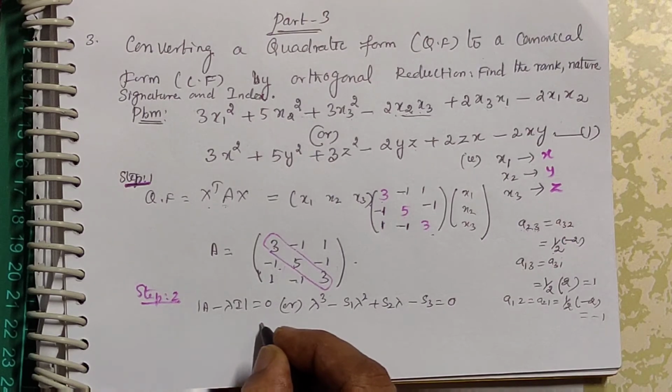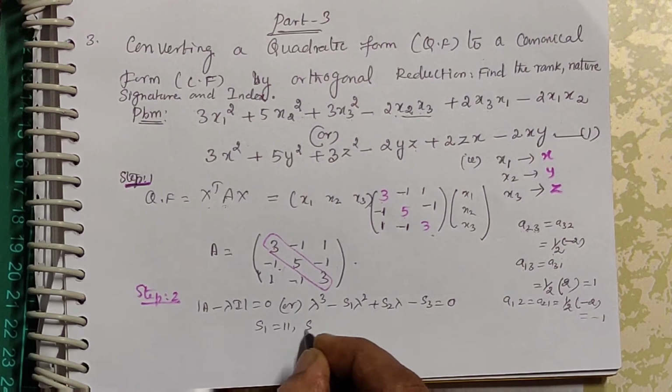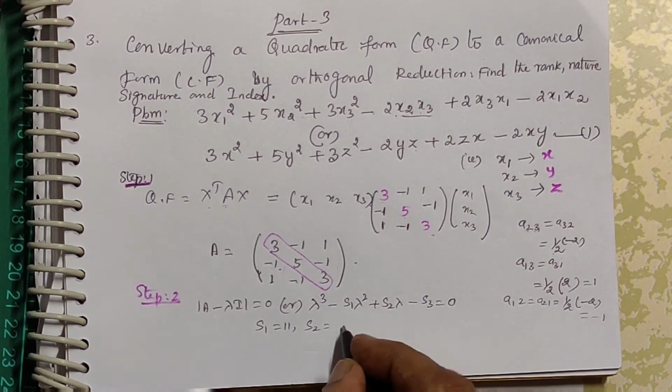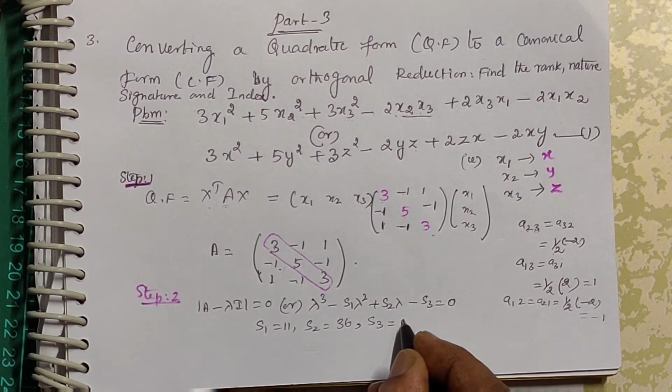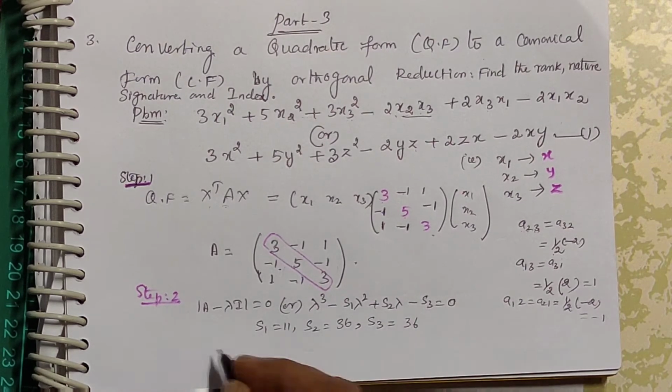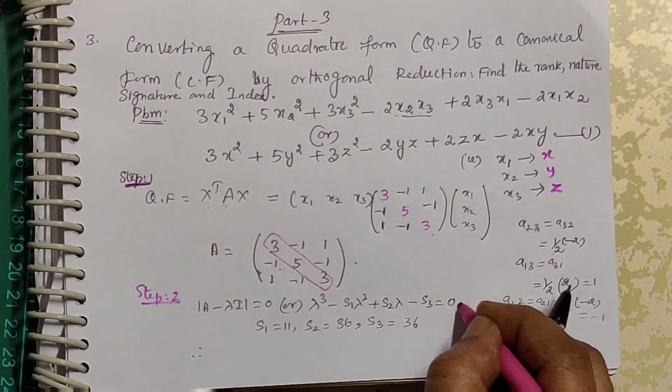We have got S1 as 11, S2 as 36, and S3 is also 36. Therefore, how are we going to write the characteristic equation? This is our equation number 1.